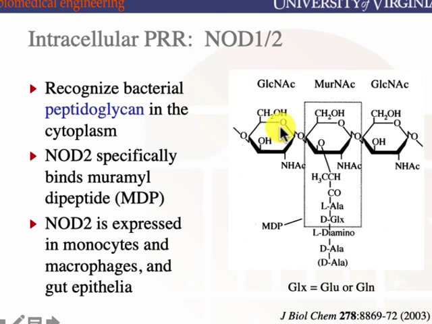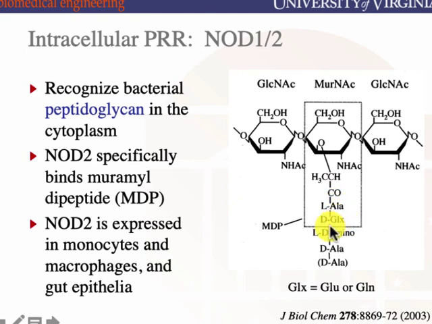Bacteria make a lot of funny sugars. We talked about high mannose proteins with high mannose structures on them. That's one. This muramic acid right here is another. And what NOD2 is specifically going to bind is this muramyl dipeptide. So it's this sugar structure here plus these two peptides, or this small peptide, these two amino acids.